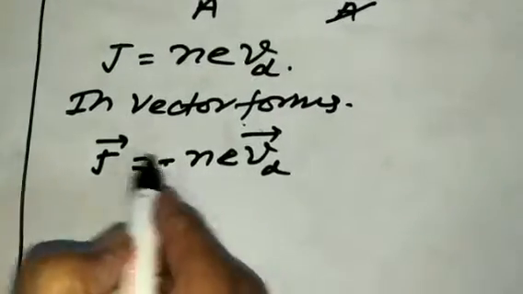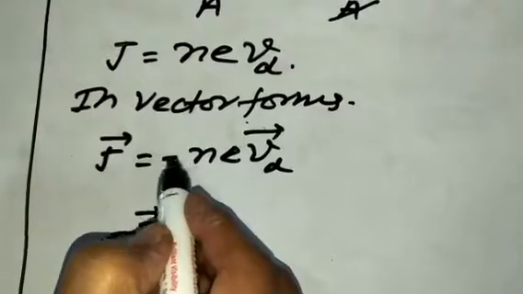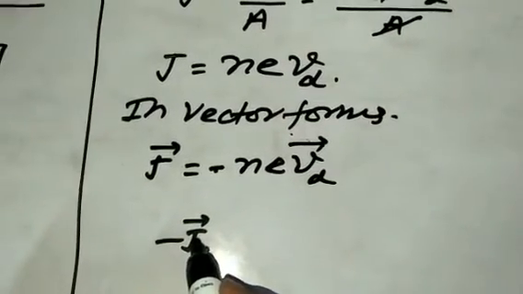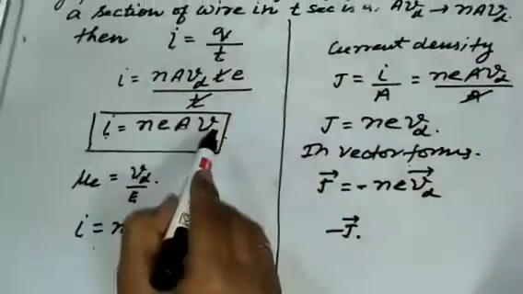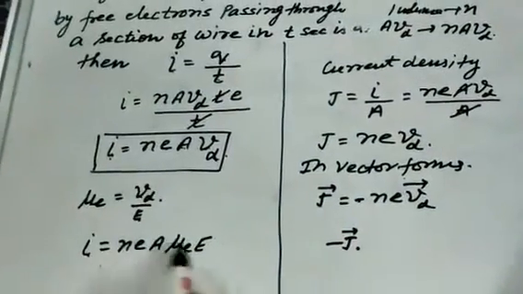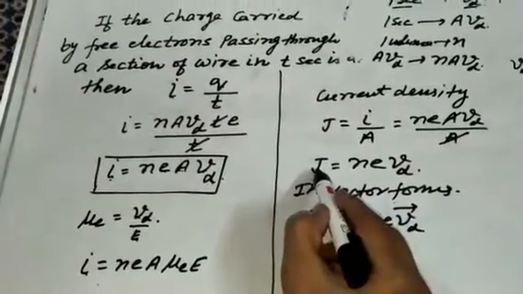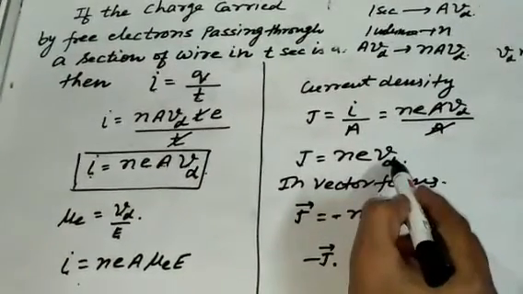This minus sign indicates only that the electron drifts in the opposite direction of the current density. So in this way we can find the relation between current and drift velocity, current and mobility of the electron, and current density and drift velocity of the electron.